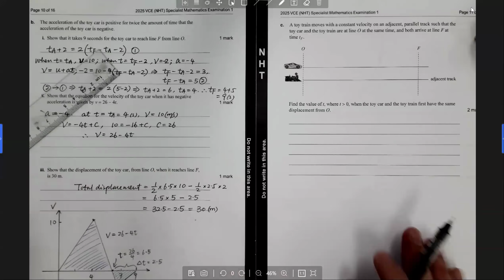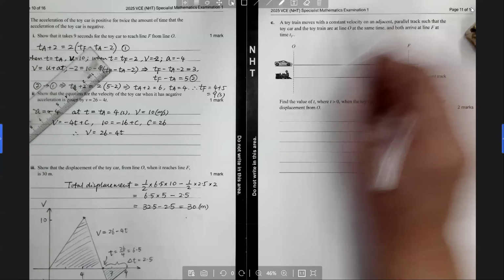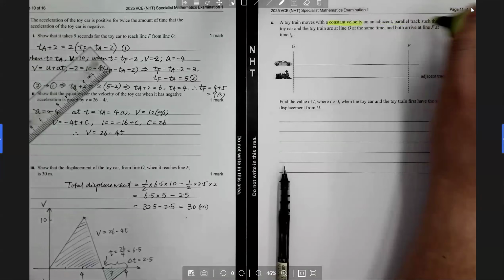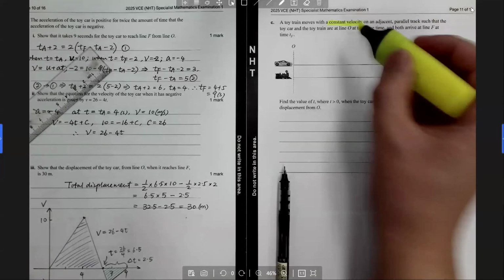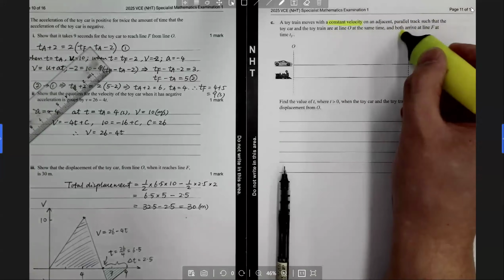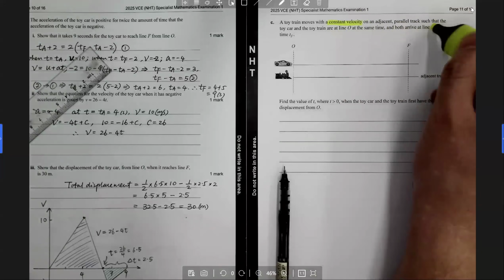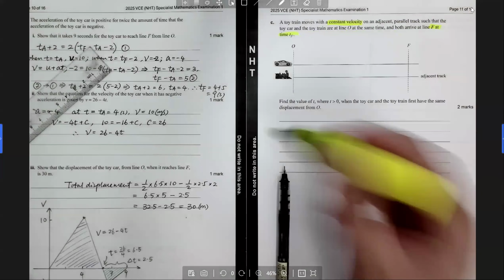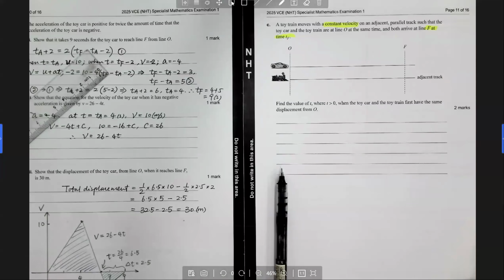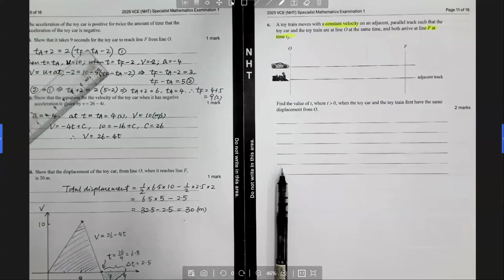And finally, a toy train moves with a constant velocity on an adjacent parallel track, such that the toy car and the toy train are at line O at the same time, and both arrive at line F at the time tf. That means they have equal time and equal displacement eventually.